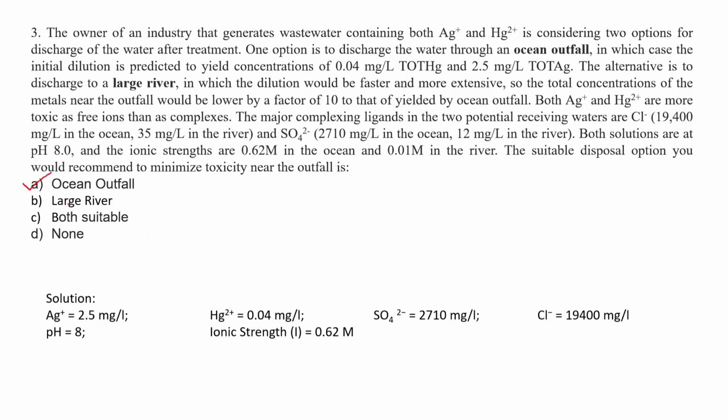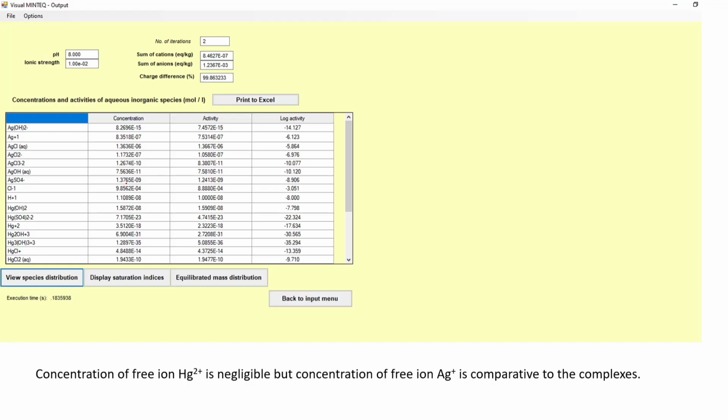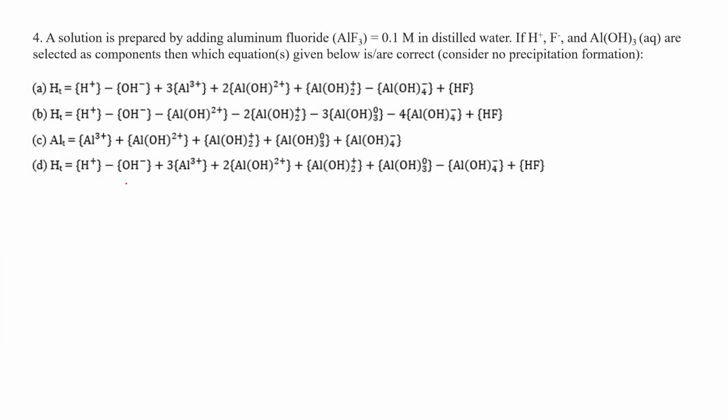The concentration of mercury is very less, but Ag plus is increasing to more than 30%. So ocean outfall is the correct option where we can discharge the wastewater after treatment, the wastewater which is given here in the question. So these are the screenshots which I've added for the question.